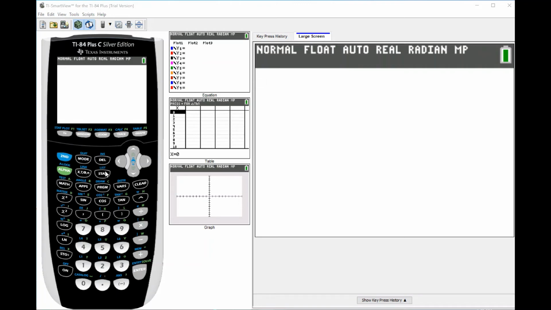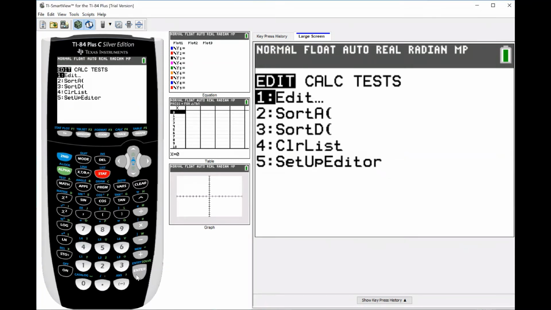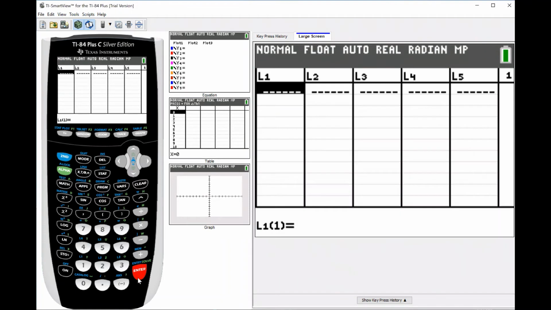What we're going to do is enter this data into our calculators. So I'm going to go to Stat, Edit, and I'm going to enter this data into my list. And remember, I'm not putting years in. I'm going to start with 2014 as year 0. And then we're going to go from there: 1, 2, 3, 4, and 5. And then I'm going to scroll over.